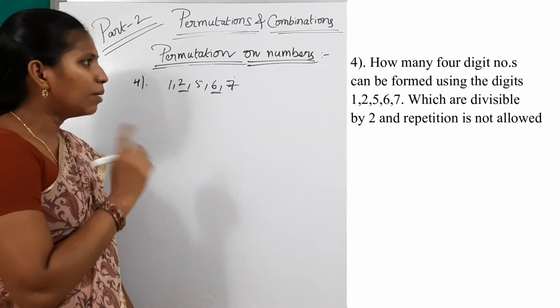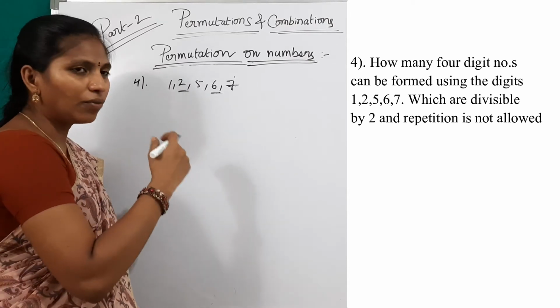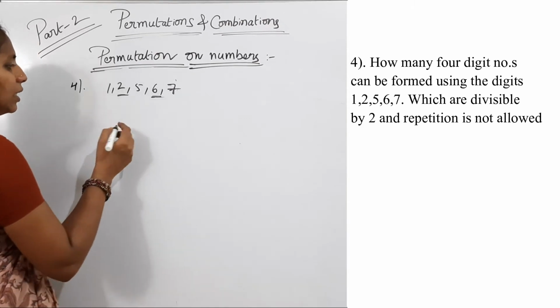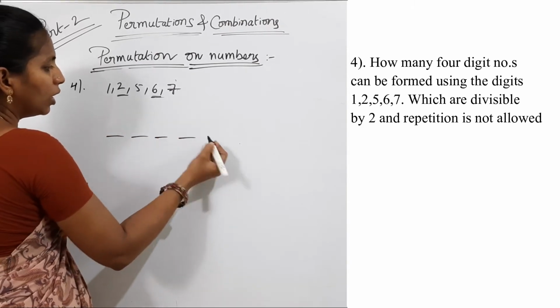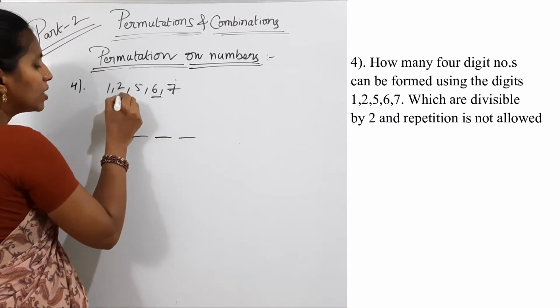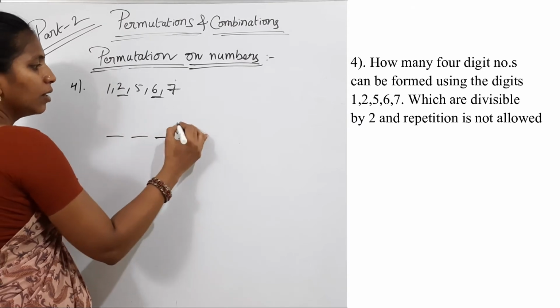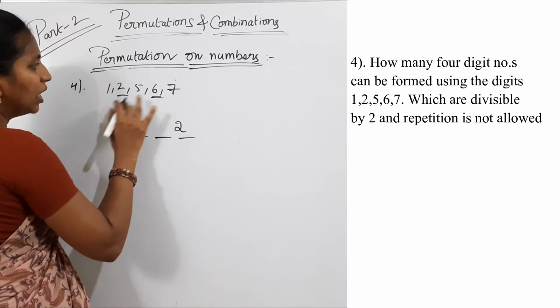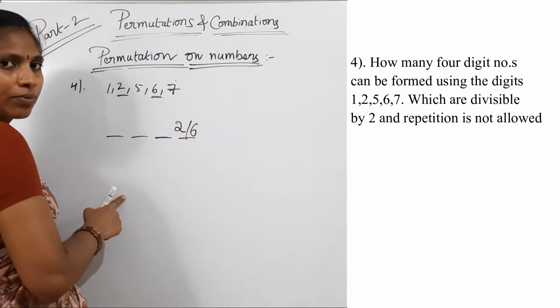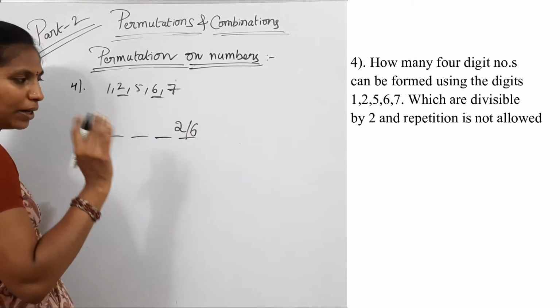Now see the same question without writing individually in a number of steps. This is the shortcut. For 4-digit numbers which are divisible by 2, you may write 2 at the units place or you may write 6. Then these numbers are divisible by 2.